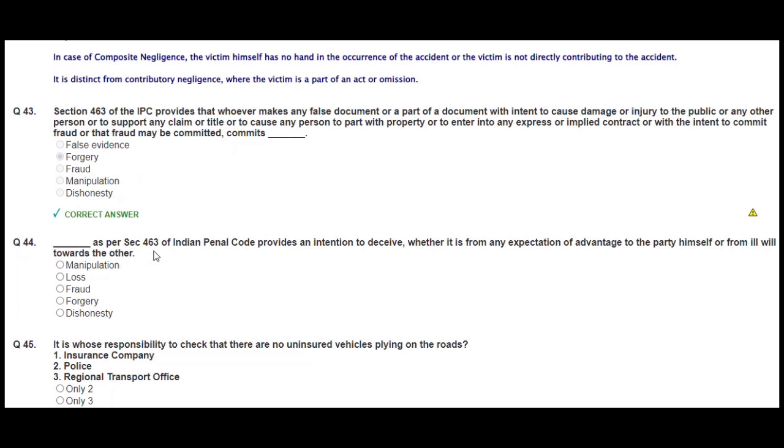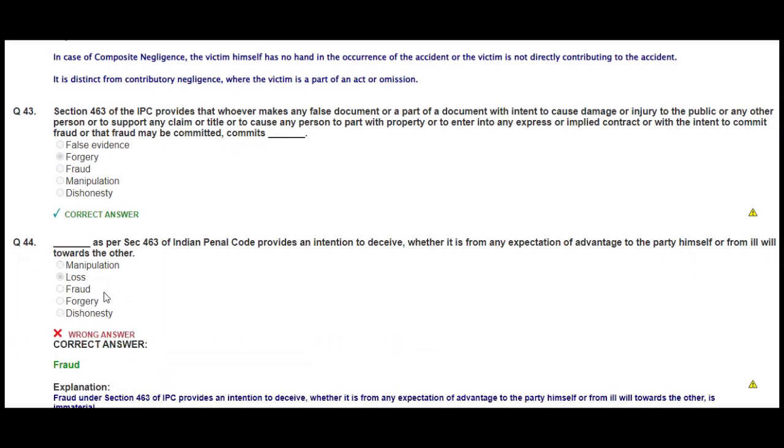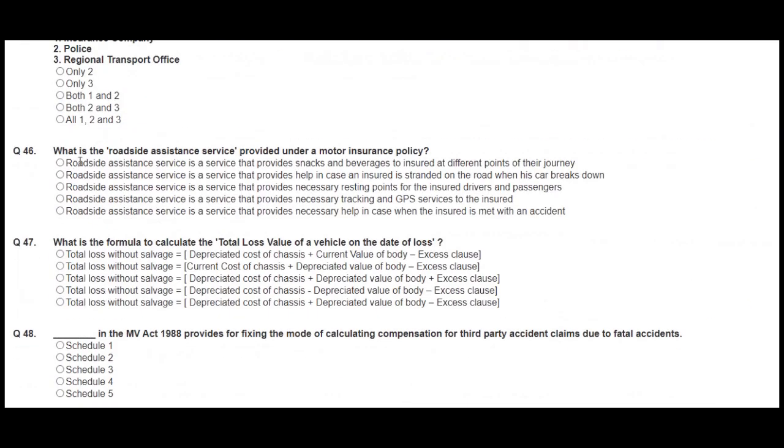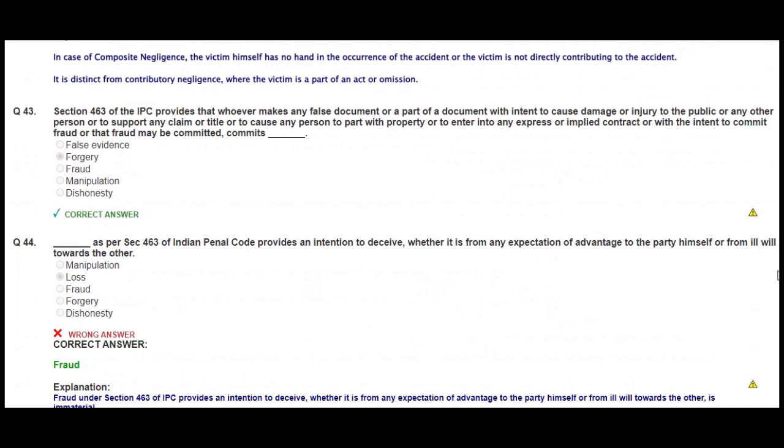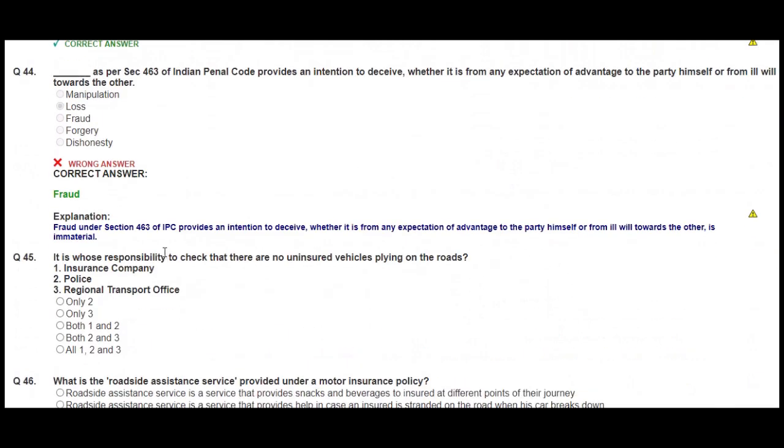As per Section 463 of the Indian Penal Code, it provides an intention to deceive, whether from the expectation of advantage to oneself or a third party, or from ill will towards others. The last option, I think, is wrong: fraud.